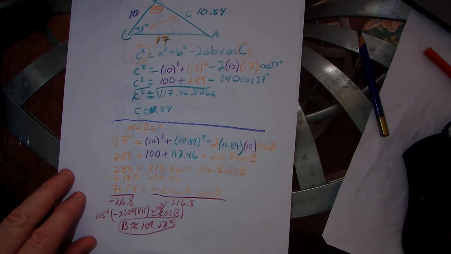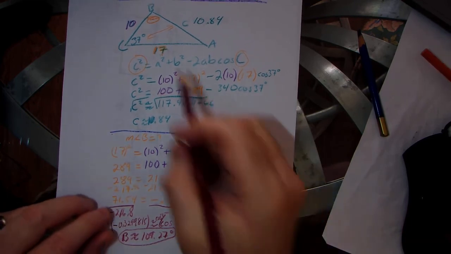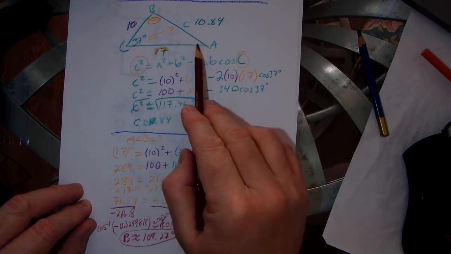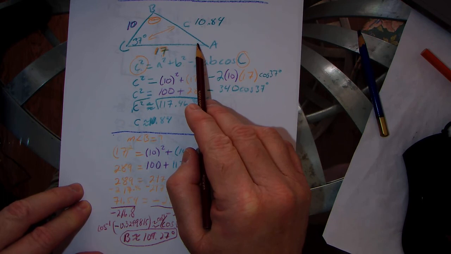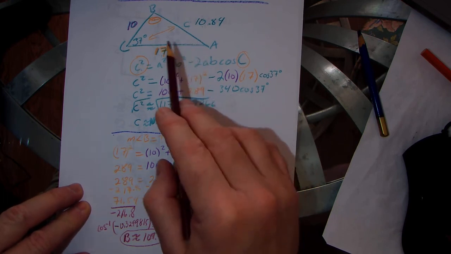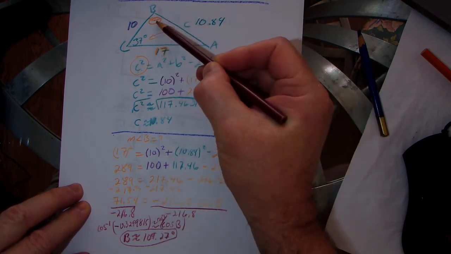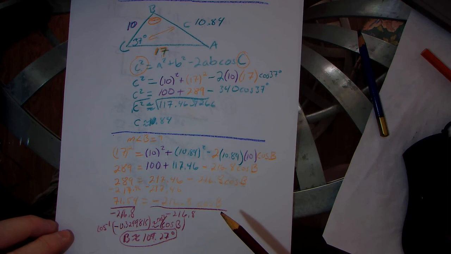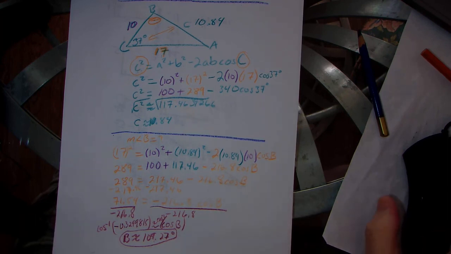If we go back and look at the original triangle, since this was 37 and was this 10, so this is slightly less than 37, so that's 74 degrees about. This one needs to be 180 minus that number. And so the 109 gives us what it will be. So hope that helped.